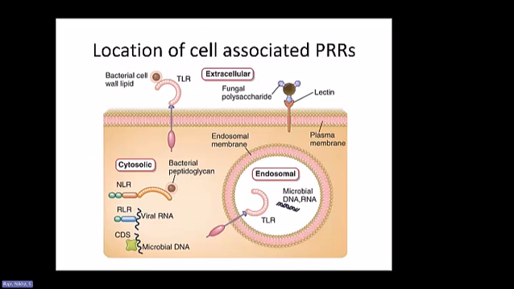Let's look at the location of the pattern recognition receptors first. So we are going to go into the details of pattern recognition receptors. So these are all cell-associated PRRs. And then we are going to talk about the soluble molecules that recognize PAMPs and DAMPs. So cell-associated PRRs are various types. They could be on the surface, or they could be in the cytoplasm, or they could be endosomal.